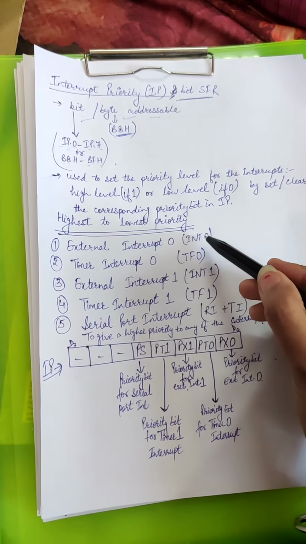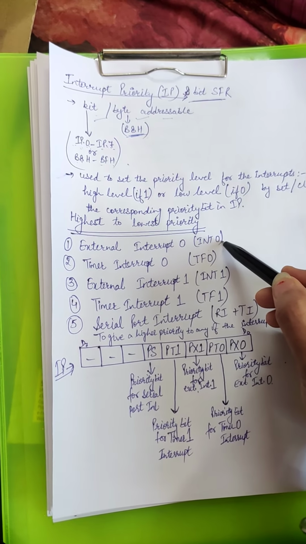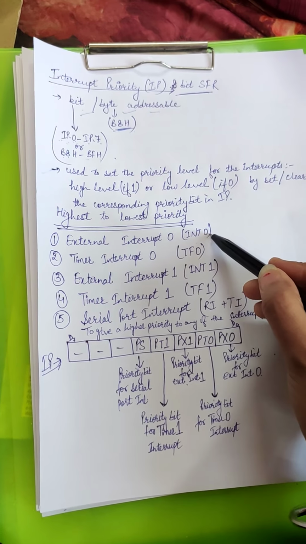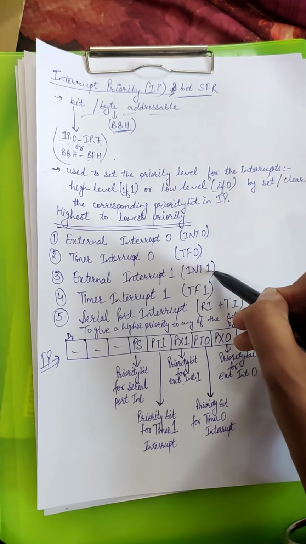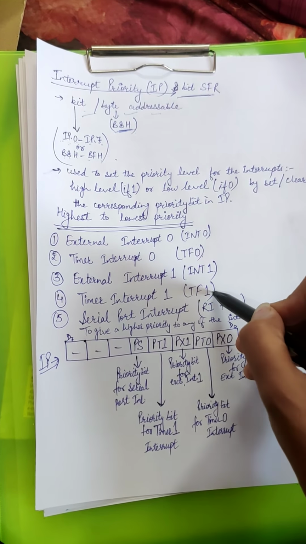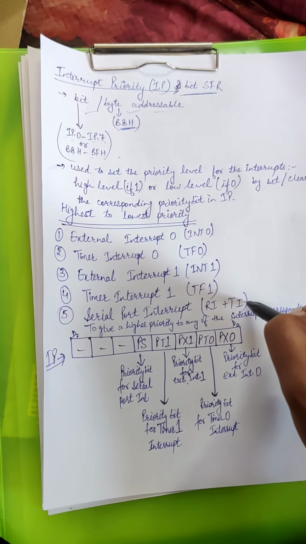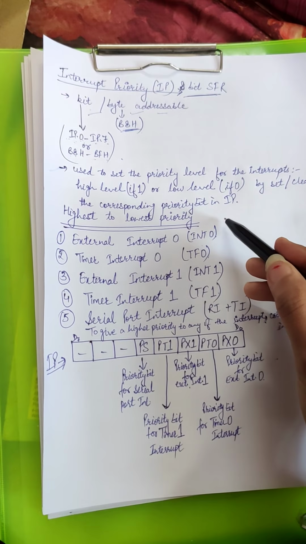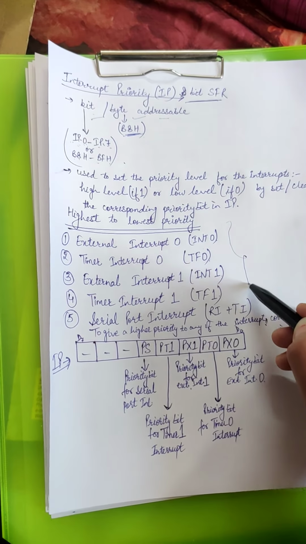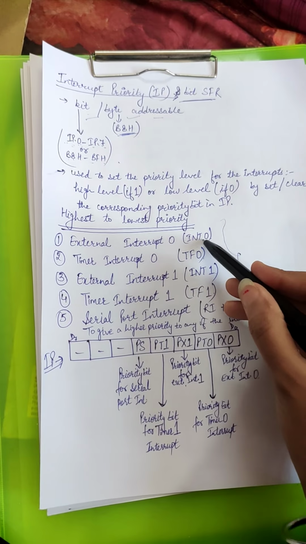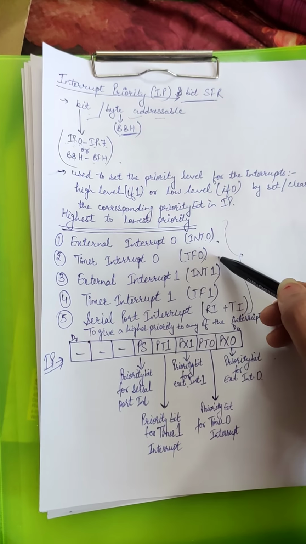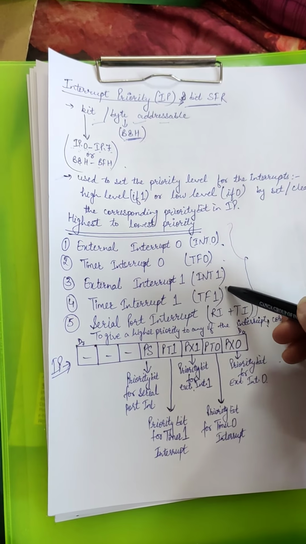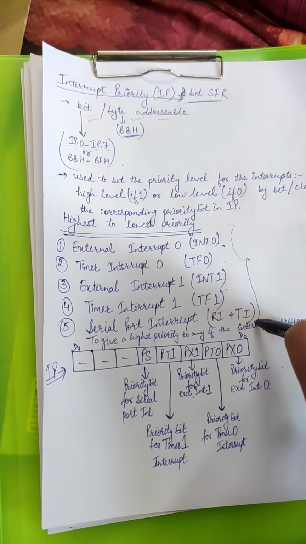Highest priority is of INT 0, that is external interrupt 0, then timer interrupt 0, then external interrupt 1, then timer interrupt 1, and then serial port interrupt. This is the priority for the execution of interrupts, highest to lowest.